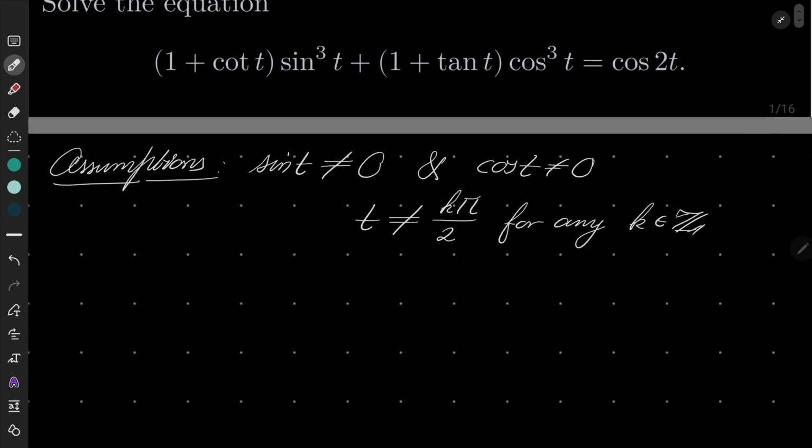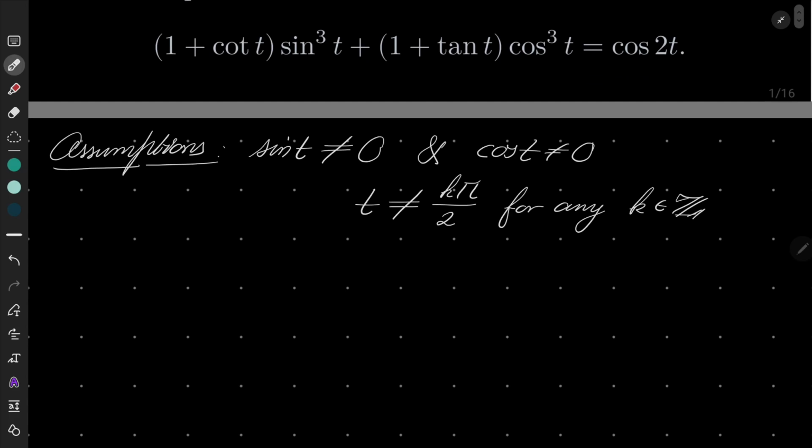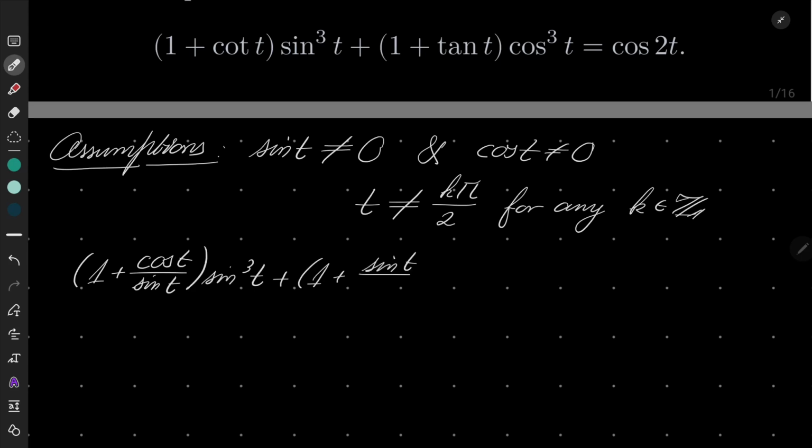Okay. And now let's take our equation. Cotangent is cosine over sine, times sine cubed, plus, well, tangent is sine over cosine, times cosine cubed of t, equals cosine of 2t.